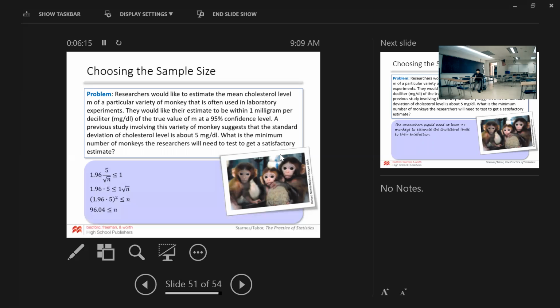I want a 95% confidence level, so I'm using the z-score, 1.96, and the 5 we got from previous data. And we want the margin of error to be less than or equal to 1. So the root n is the only thing we're missing. And that's telling us we would need a sample size of 97. Okay, you have to round up.